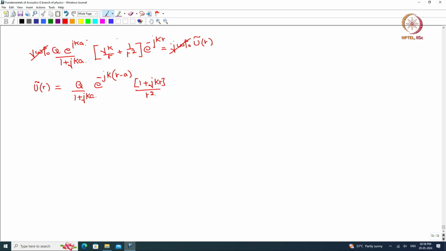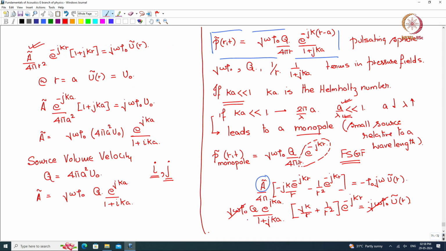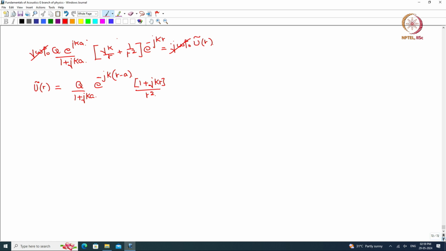Let me just check. Okay, there is a 4 pi, sorry. So there is a 4 pi. Okay, and I can put the time e to the power j omega t.